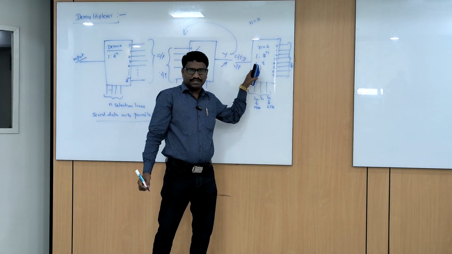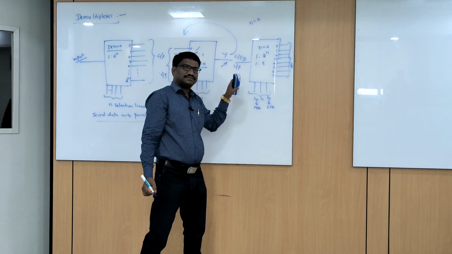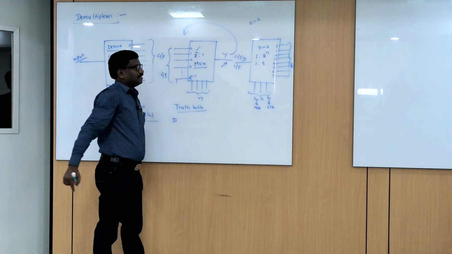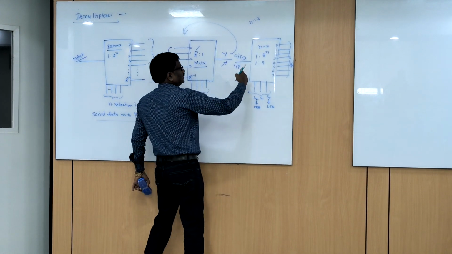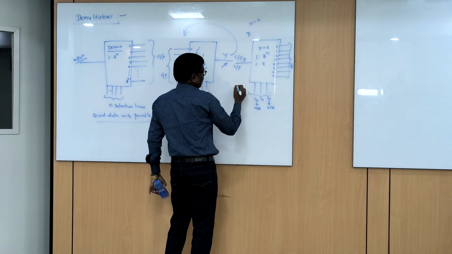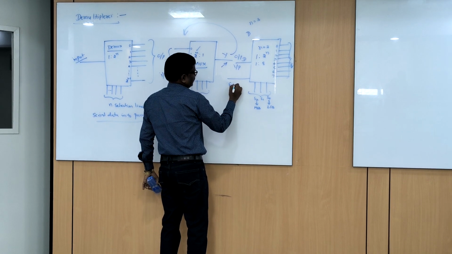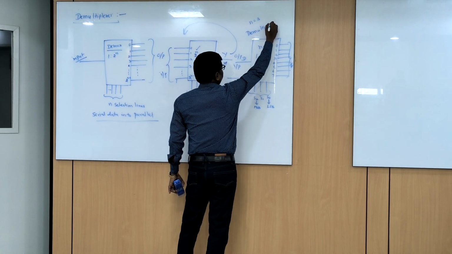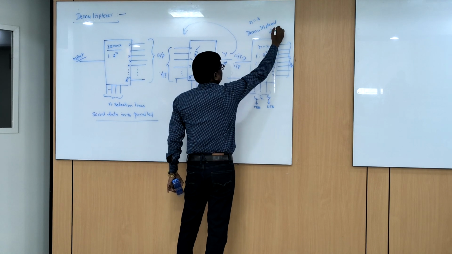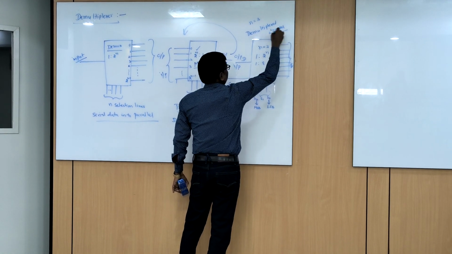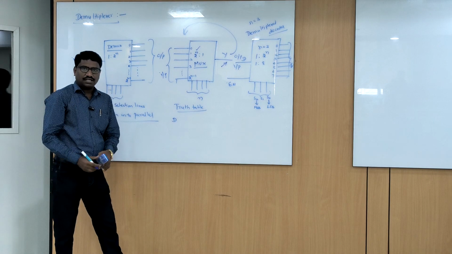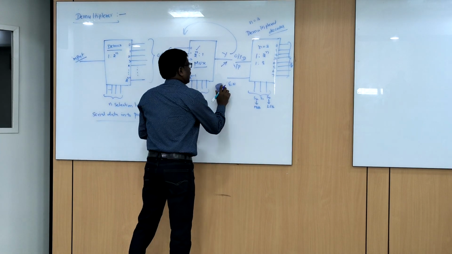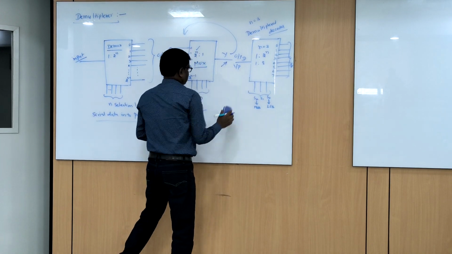There is no enable input. If you want, we can add it. If you put an enable here, this demultiplexer becomes a decoder. What is a decoder? You will see later. So there will not be any enable input for a demultiplexer.